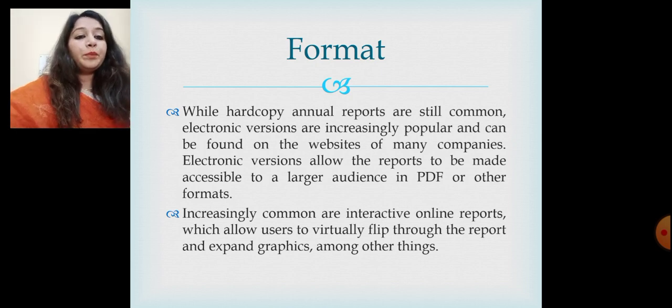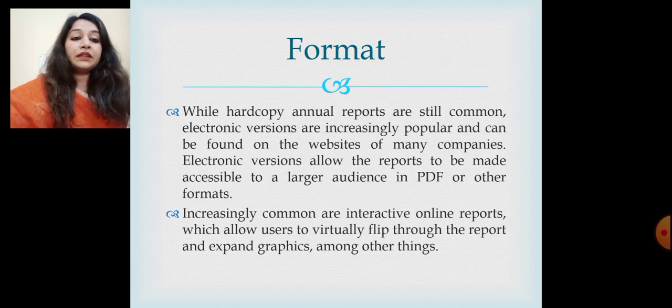Next, while hard copy of annual report are still common, electronic version are becoming very popular, and can be found on the website of many companies. Along with the hard copy, they come up with the electronic version, the soft copy of the annual report, and the annual report soft copy is usually there in the website of the company.